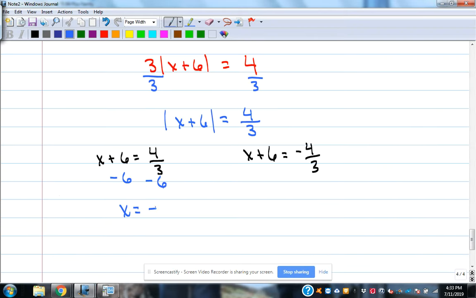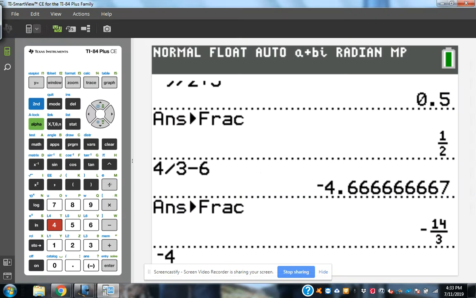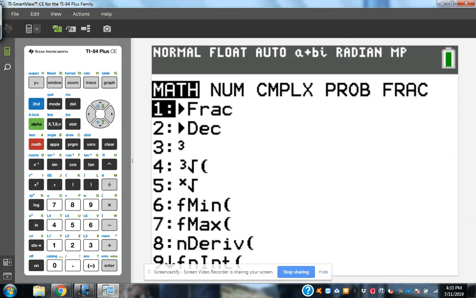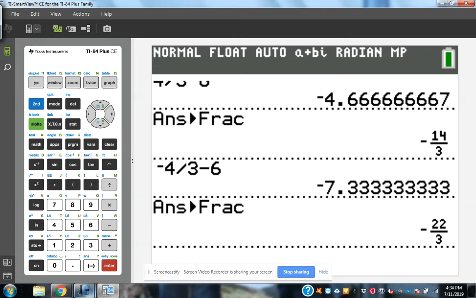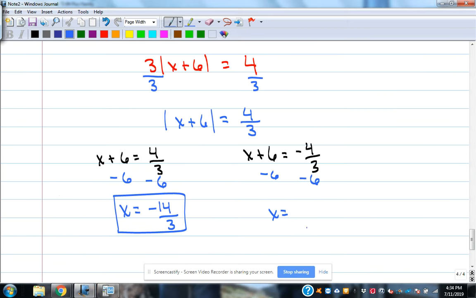That's one of our answers. Then negative 4/3 minus 6 is negative 22 over 3.